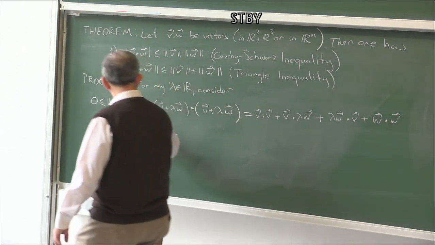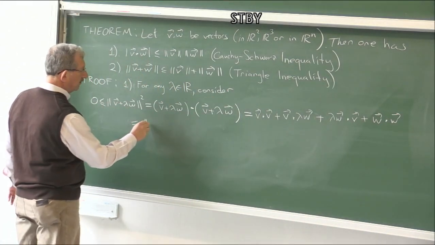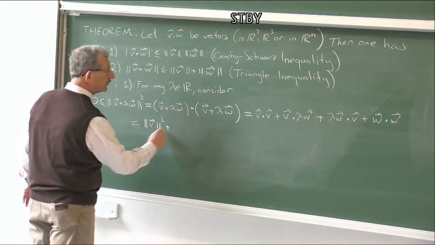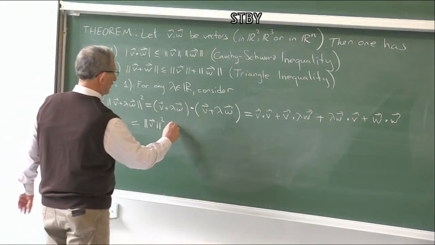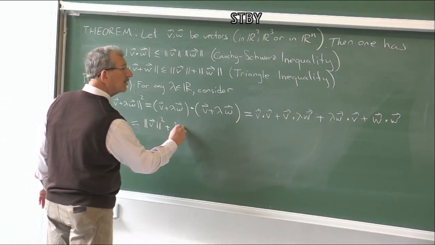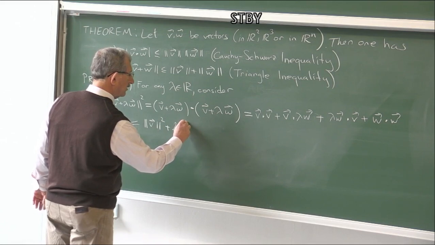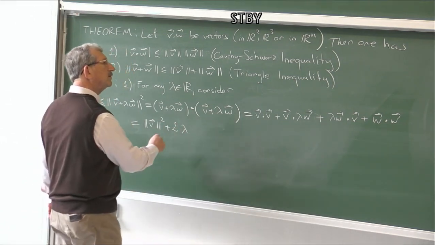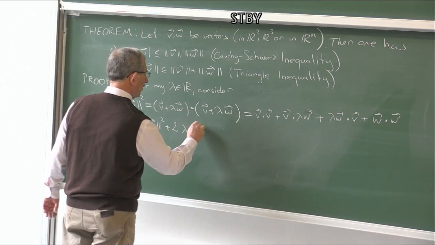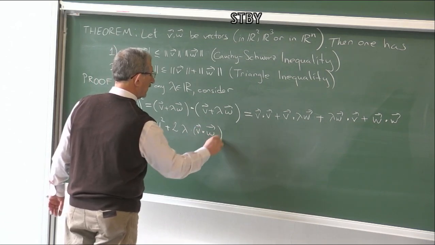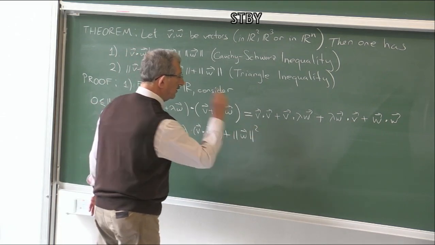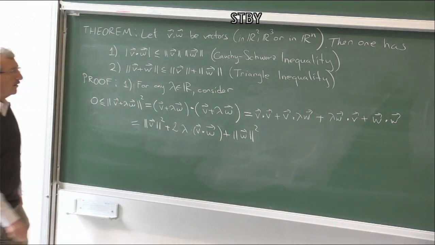In short, it is the length of v squared plus twice lambda times v dot w plus the norm of w squared.